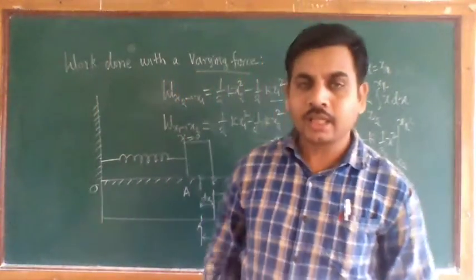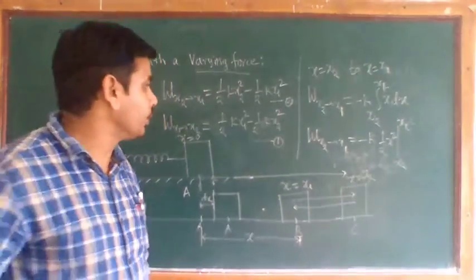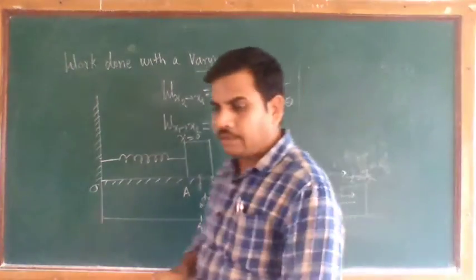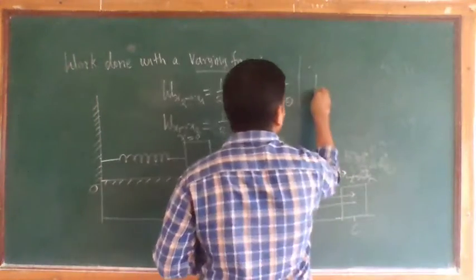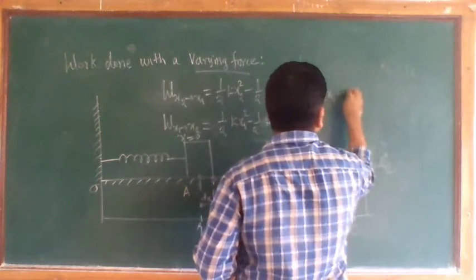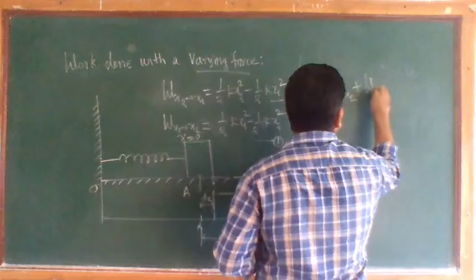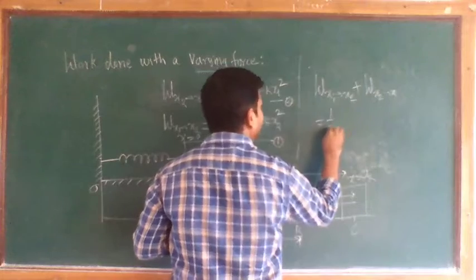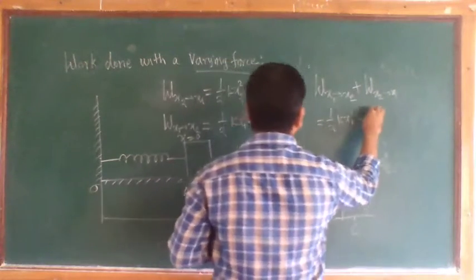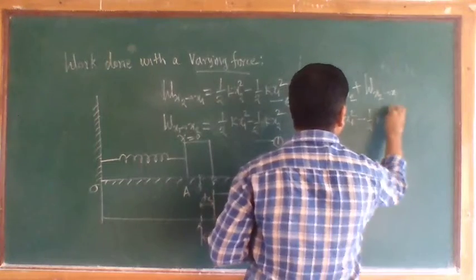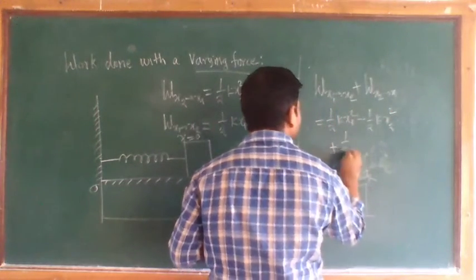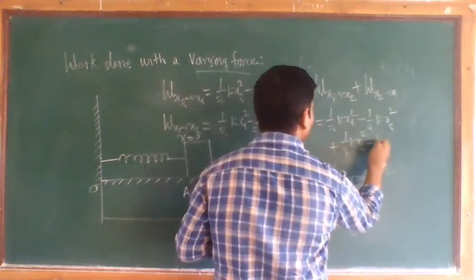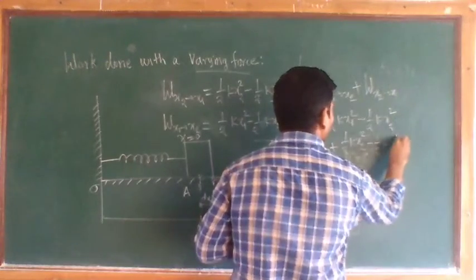Now, if you simply add these two equations, then you get W from x1 to x2 plus W from x2 to x1, which is nothing but 1 half k x1 square minus 1 half k x2 square plus 1 half k x2 square minus 1 half k x1 square.